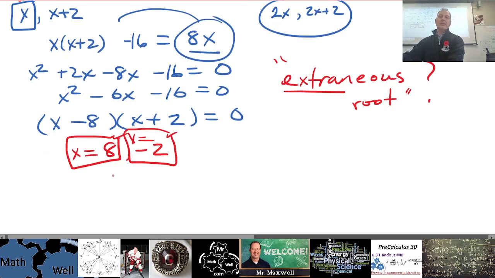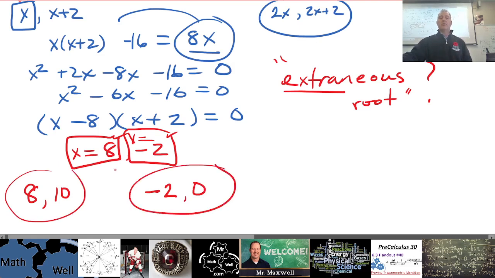So if 8 is x, then we have 8 and 10. If negative 2, what's negative 2 plus 2? 0. So these apparently are our two options for the pairs of consecutive even integers. Now let's see if it works. The product 8 times 10 is 80, minus 16 equals 8 times 8.